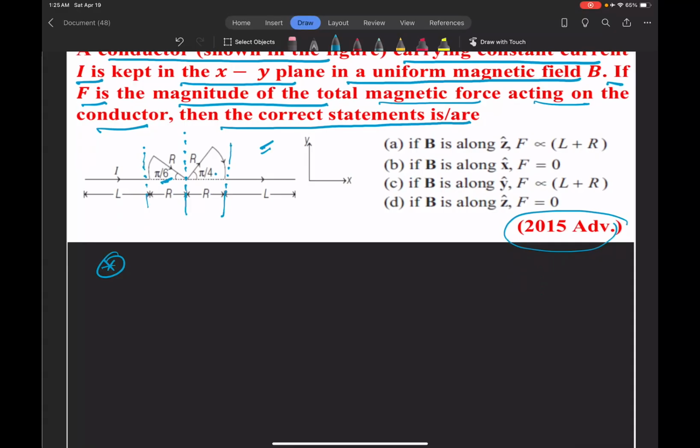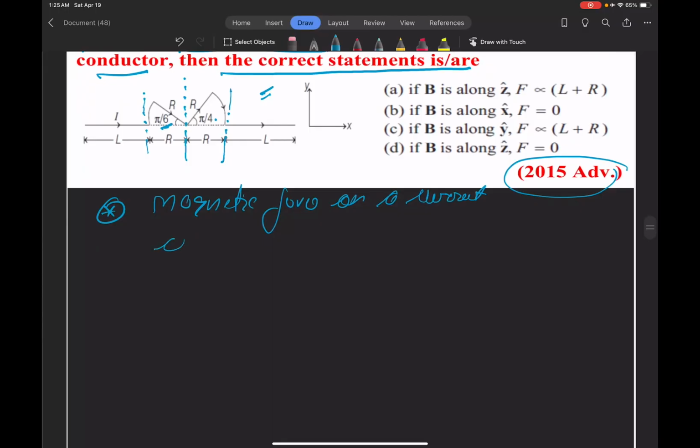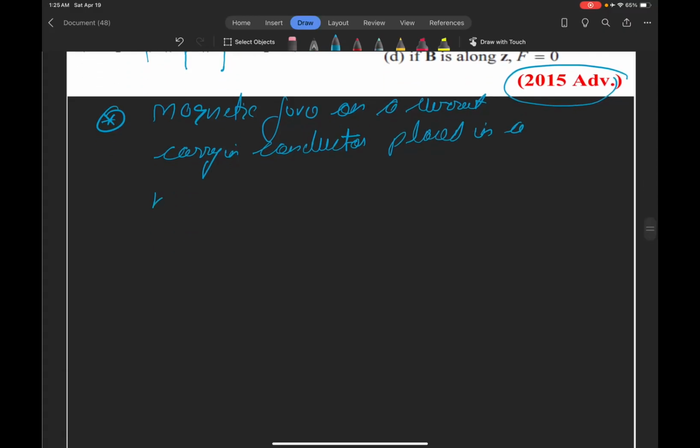The magnetic force on a current carrying conductor placed in a magnetic field is given as F equal to current I, the current element L, cross product with the magnetic field B.